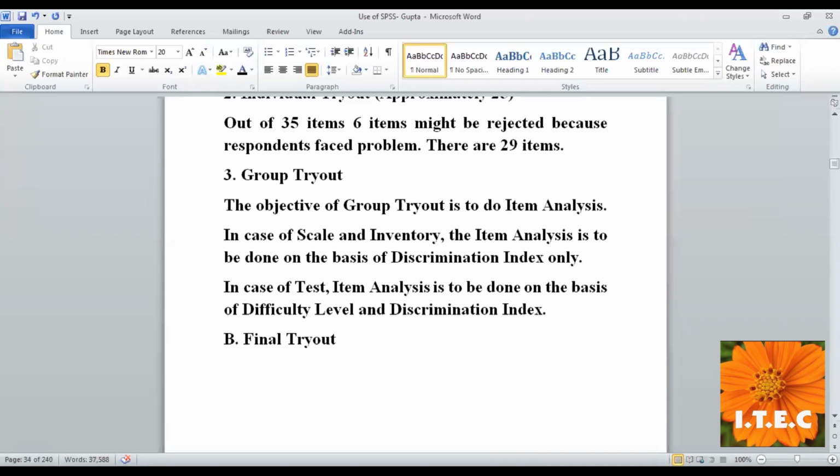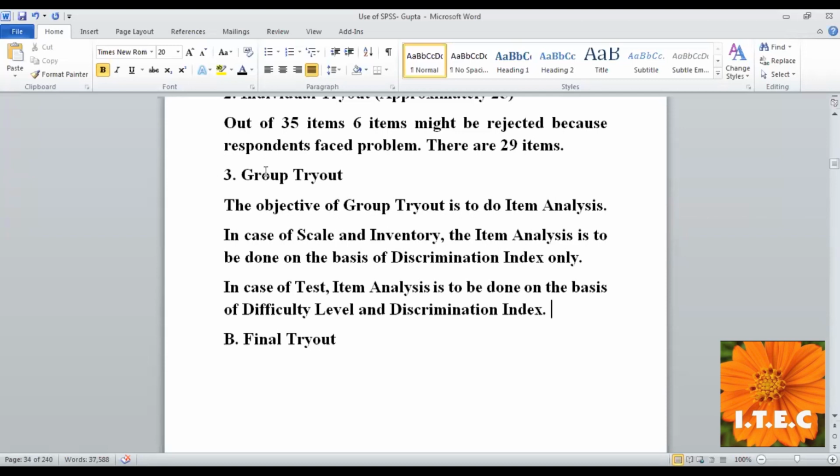So you have to do the item analysis in case of a test by computing the difficulty level as well as the discrimination index. So these are the points which you should keep in mind.